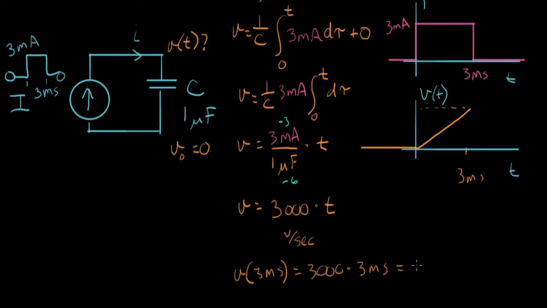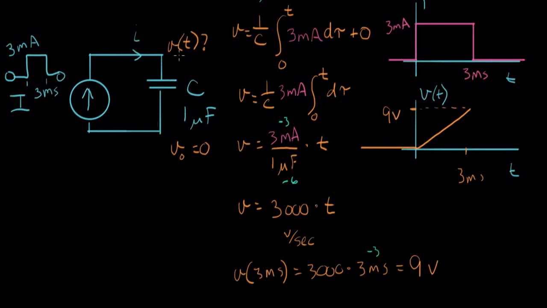And that equals 3 times 3 is 9, and the exponent is minus 3. So it's going to be 9 volts. So this value right there is 9 volts.